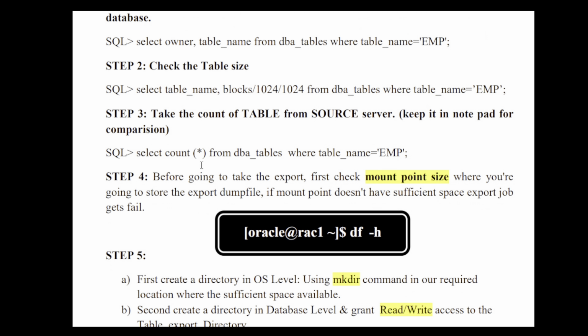Forget about owner, we are going with employee. If they clearly told about the owner also, then you can mention the owner. If employee tables are available for two users, then you can again cross check with the username. Okay, fine. So three steps, easy.